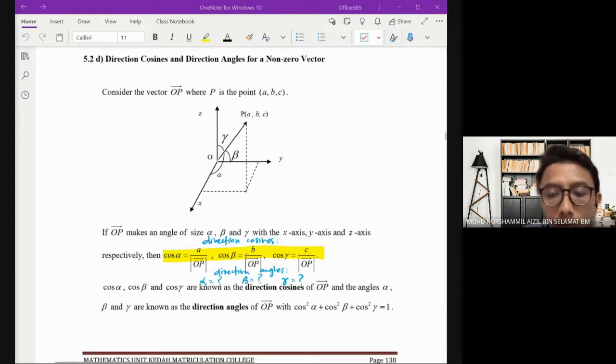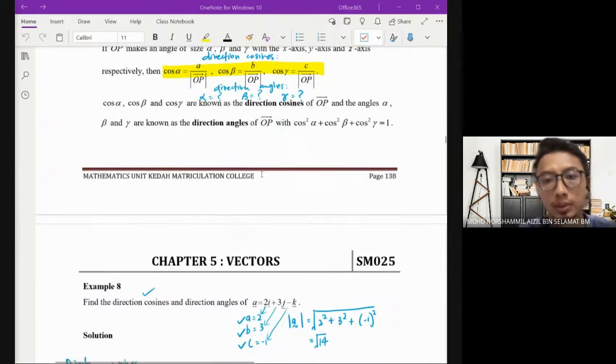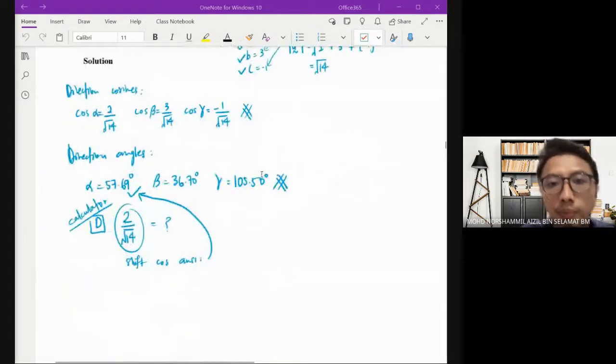Yang cos beta pula, B over magnitude, and then the last one C over magnitude. Macam tu je, dia tak ada apa pun. And then for angle, how do we get direction angles? Simply solve your direction cosines and then you will get the angles of alpha, beta, gamma. So that one going to be your angles.